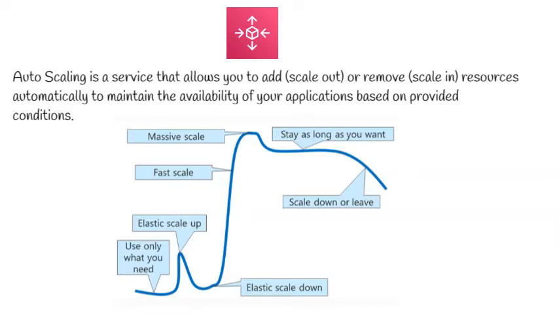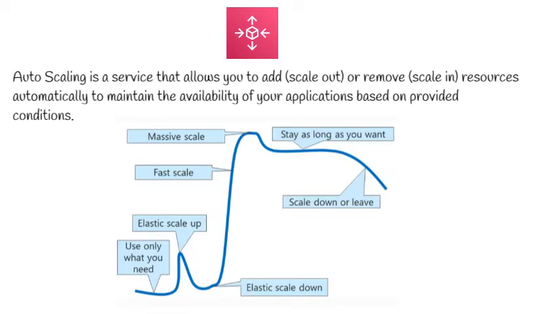So auto scaling here provides a feature that automatically predicts the traffic, adds the instances, and balances your traffic performance. And when it is required to do the elastic scale down, it will automatically remove those EC2 instances.